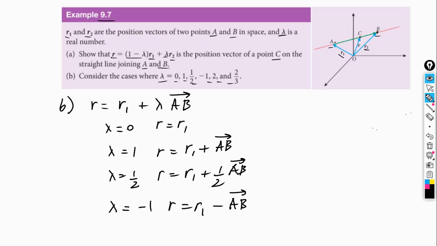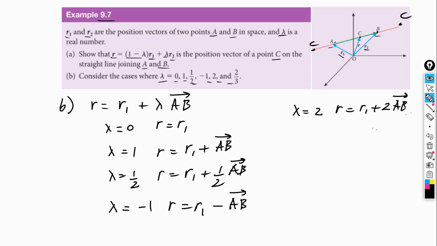So that means that A would be the midpoint of CB because point C would be here. Okay, then when lambda is equal to 2, r is equal to r1 plus twice vector AB. So that means that B would be the midpoint of AC because C would be over here.